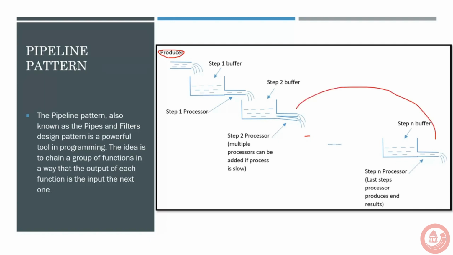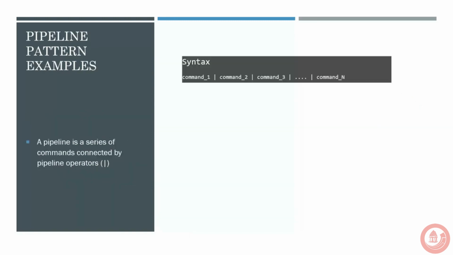In this way, finally we get the water, maybe clean water which we consume, or in our software field, on our computer, it may be the final data that we need in our reports. This is nothing but a chain of functions where each function is connected with another. You can see these pipeline patterns in different areas when you are working on your computer.